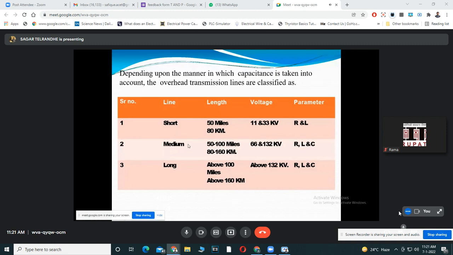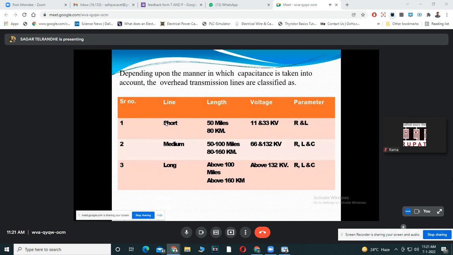The length of the short transmission lines varies from 0 to 80 kilometers. The line connecting 0 to 80 kilometers, we call a short line.